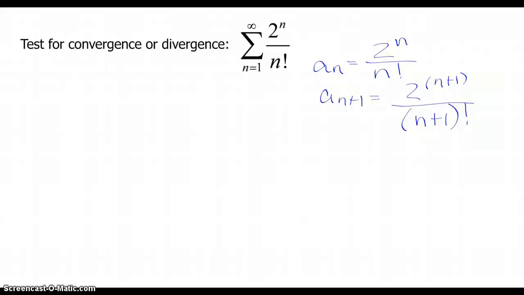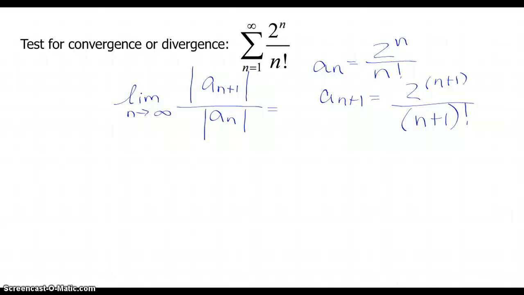Now, remember, the absolute ratio test is the n plus first term over the nth term. Your results for rho, if you swap those, are not going to be accurate. So please make sure that you put your n plus first term over your nth term.